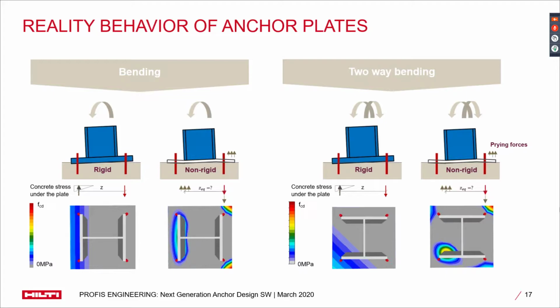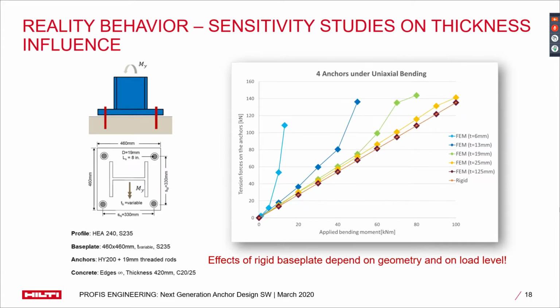The behavior is affected by all the components of the connection, such as the profile, stiffeners, weld, plate, anchor, and also the base material. The next slide is an interesting sensitivity study as we deviate from a rigid base plate, where we can get much different anchor loads in the plate.